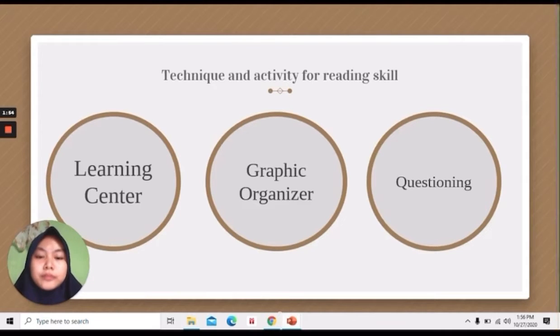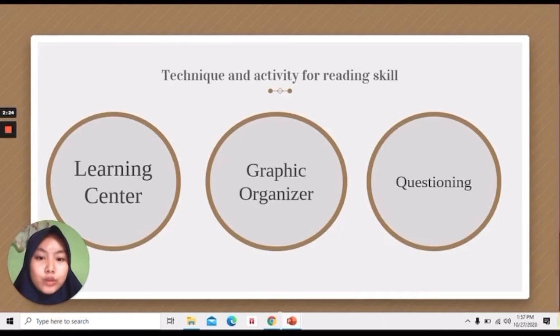Kemudian, the next is graphic organizer. What is graphic organizer? So students will make a graphic about words, and the students will divide the words by their similarity. Jadi misalnya ini adalah word untuk hewan, kemudian ini adalah word untuk buah, kemudian untuk kata kerja, kata sifat, kemudian dibuat grafiknya.